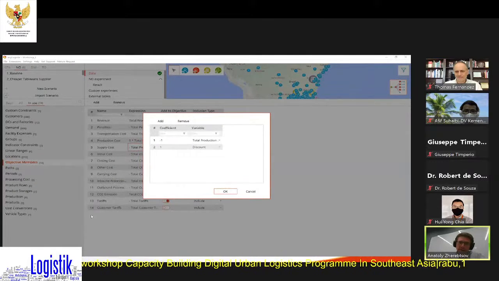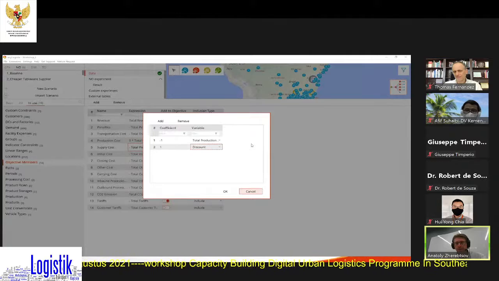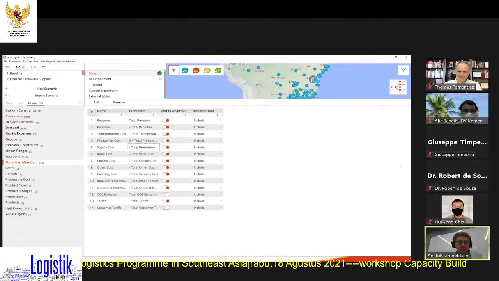So in this case, the discount that I was talking about is a part of supply cost, but we subtract supply cost from revenue, and we add a discount as additional value that we get for buying more than a certain amount.